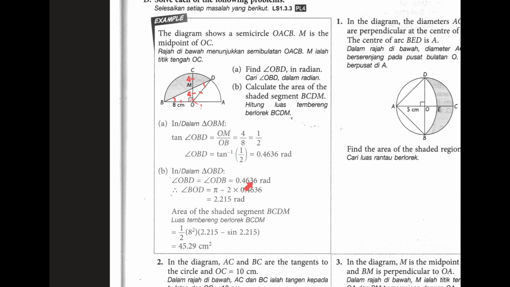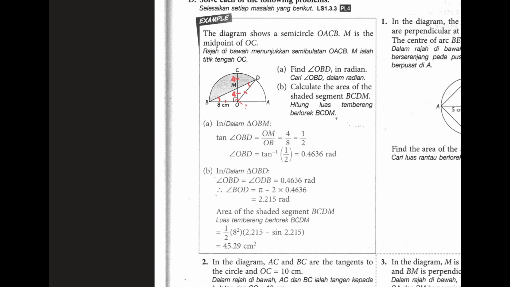And after that, angle BOD, which is this one, the one that I put with question marks, is equal to pi minus 2 of this. That means pi minus this one and that one, then you will get this. So what is meant by pi here? If you still remember, pi in radian is equal to 180 degrees.